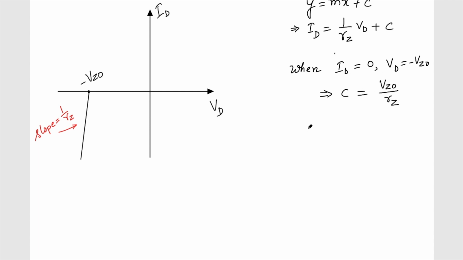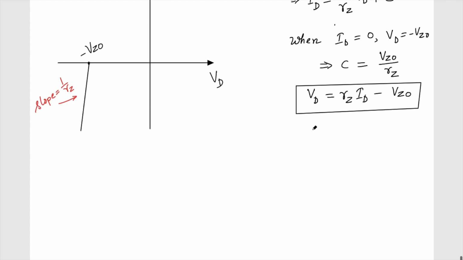If I just substitute it, I will get VD is equal to RZ ID minus VZ0. So this is the equation that I will get.